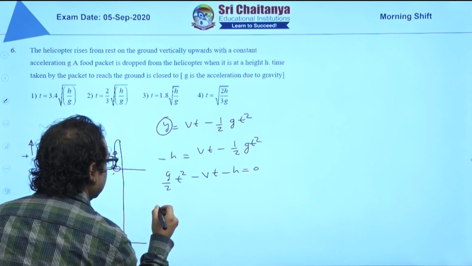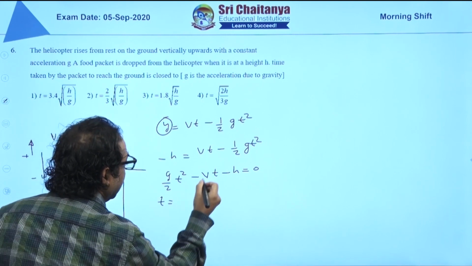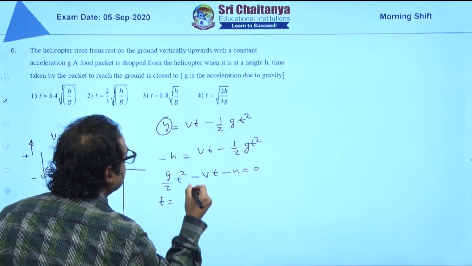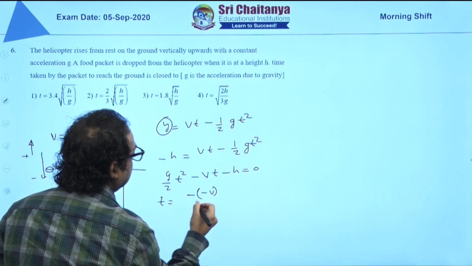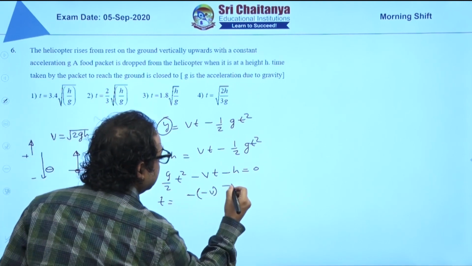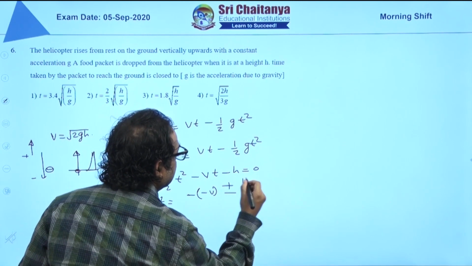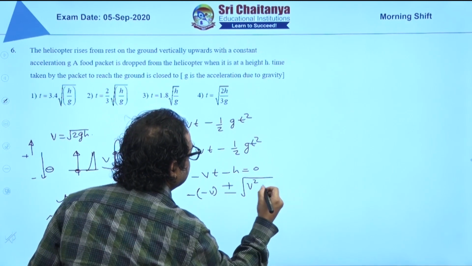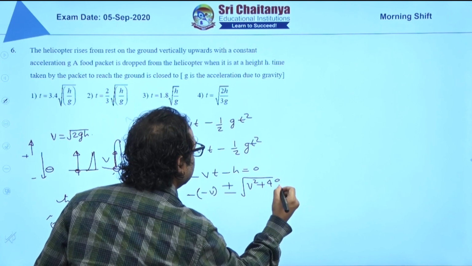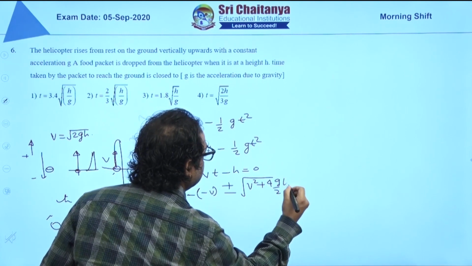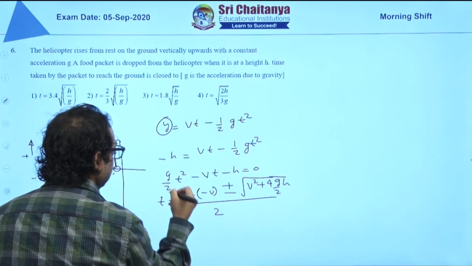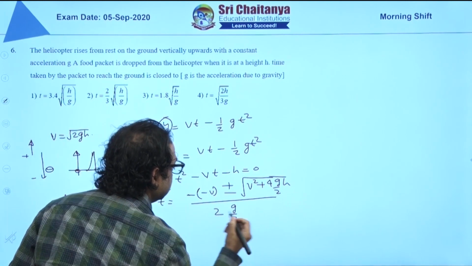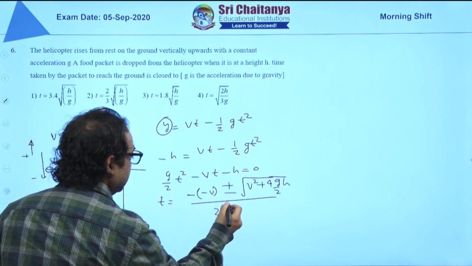Then what is t? t is nothing but minus b, that is your minus of minus v, plus minus root over of b square minus 4ac, that is 4 into g by 2 into h, by 2a, 2 into g by 2, right.